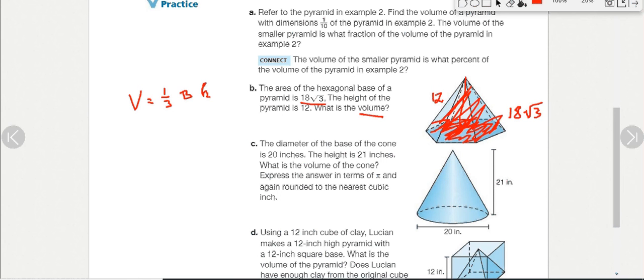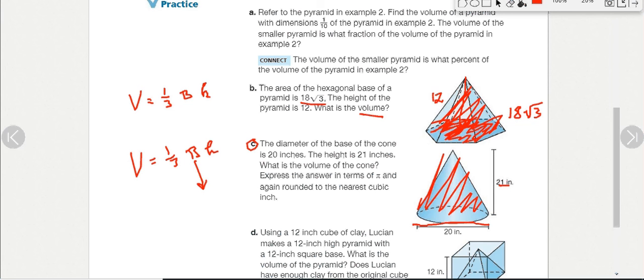Good job. And then letter C, they gave you the diameter. You find the volume if the height is 21 inches all the way around. Again, volume is a third of area of the base times that height of 21. Remember how to find area of a circle.